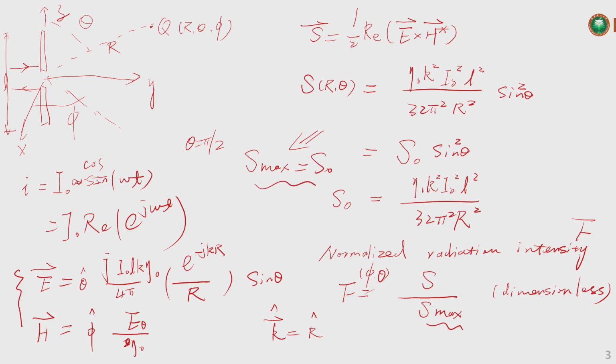So from that, we note that F theta phi equals sin theta squared, right? So that means the radiation pattern for a Hertzian dipole antenna can be expressed by a simple function, which is sin theta squared.